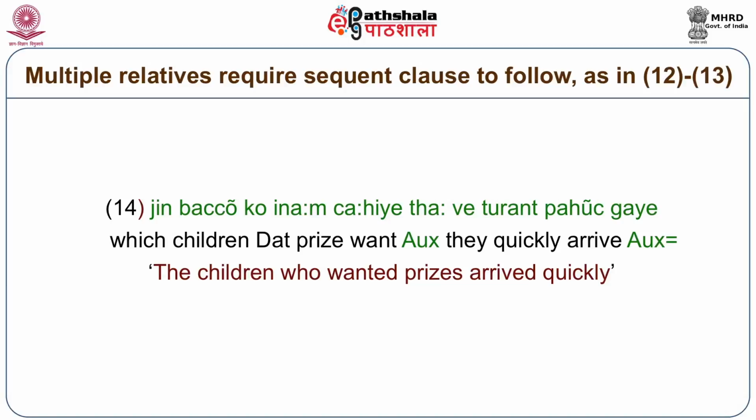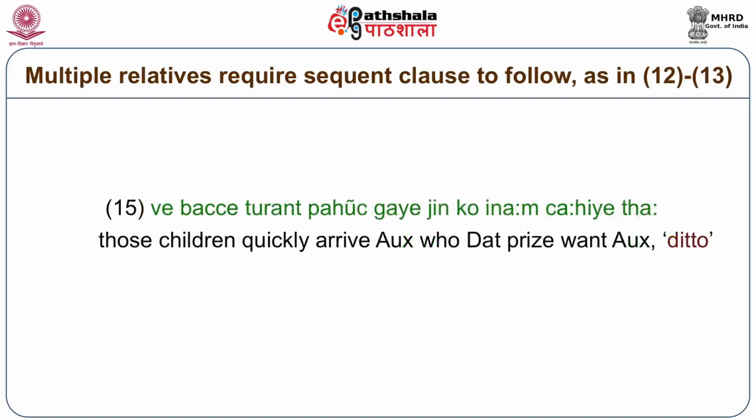Then it becomes possible to put the sequent clause first and allow the relative clause to appear second, as in sentence 15. वे बच्चे तुरंत पहुँच गए जिनको इनाम चाहिए था, which means those children arrived quickly who wanted the prize. These are among the properties that the solution to the problem of the correct constituent structure for multiple relative endowed correlative structures will have to take into account.